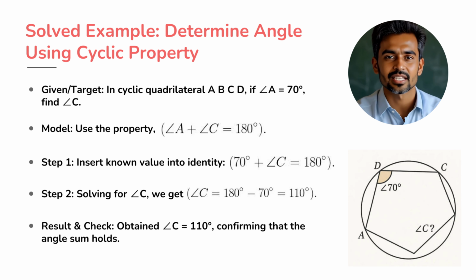Solve for angle C by subtracting 70 degrees from 180 degrees, leaving you with 110 degrees. So, angle C is 110 degrees. Shabash. You have successfully applied the cyclic quadrilateral property to find an unknown angle. Imagine the cyclic quadrilateral with angle A marked 70 degrees and angle C waiting to be found. This practice will really build your confidence.